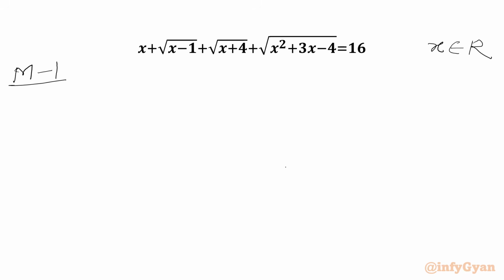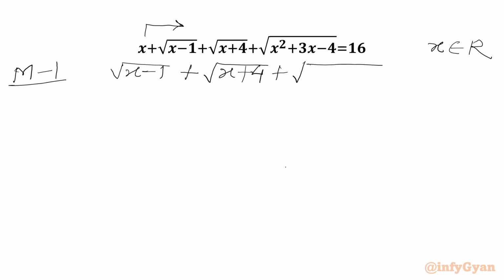Let's begin with the domain of the equation first. I will take x to the RHS. So we can write our equation: square root of x minus 1 plus square root of x plus 4 plus square root of, we can factor this quadratic expression and write, x minus 1 times x plus 4, will be equal to 16 minus x.